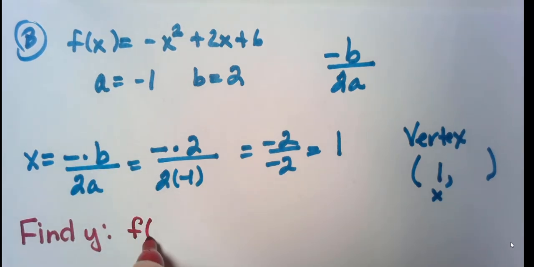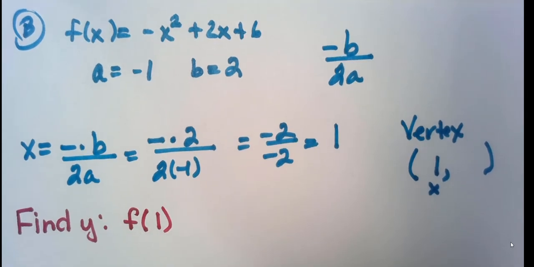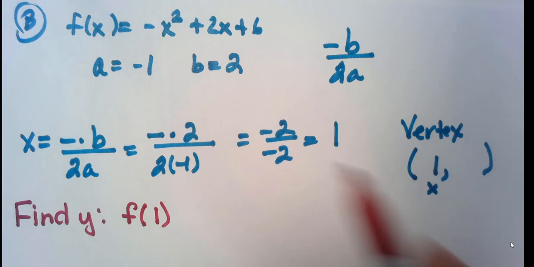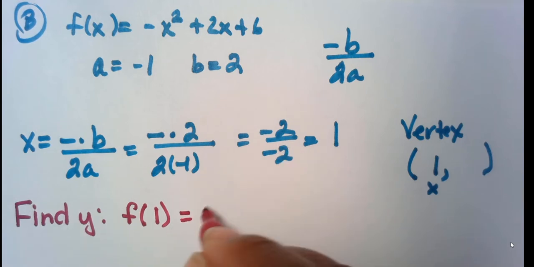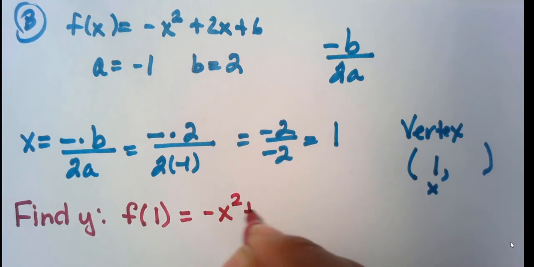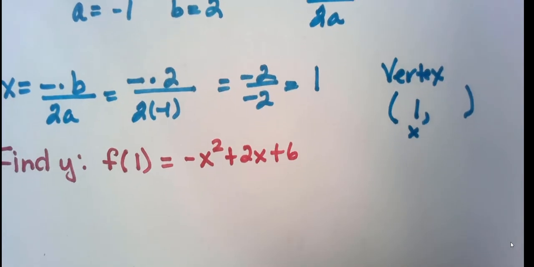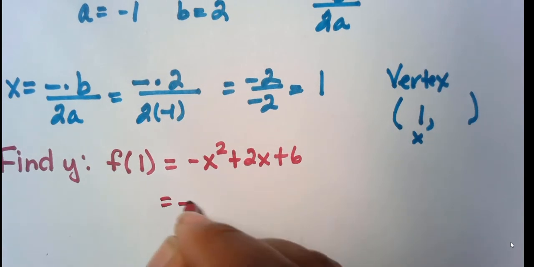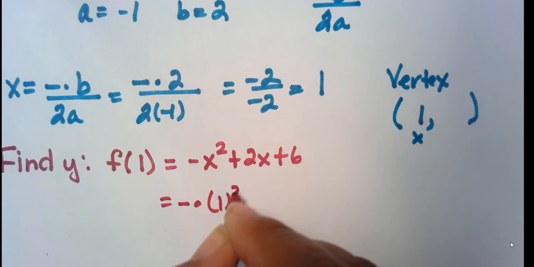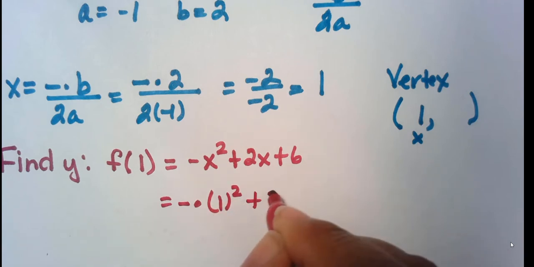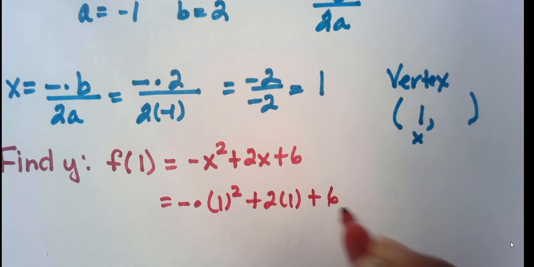So f of 1, meaning we substitute 1 in for x, we plug it into our formula. We have negative 1 squared plus 2 times 1 plus 6.